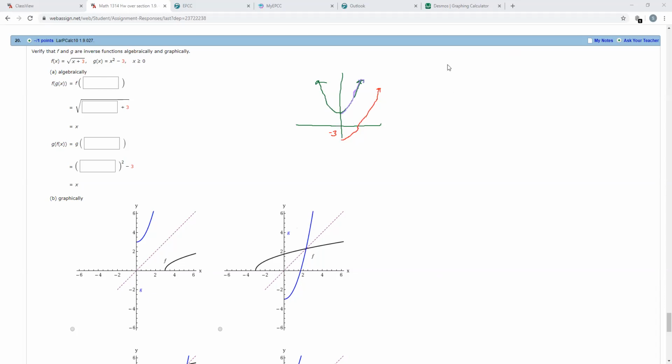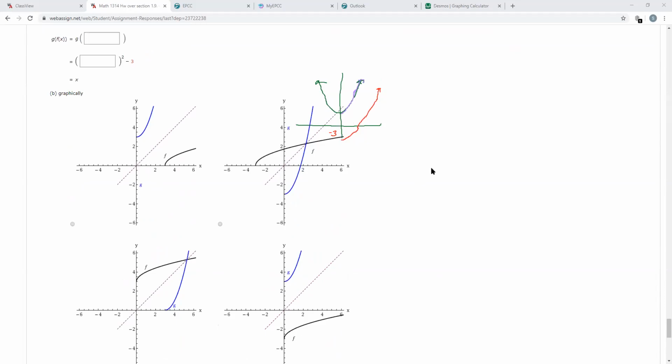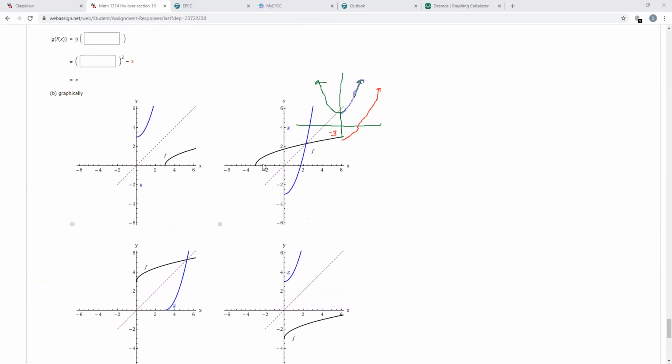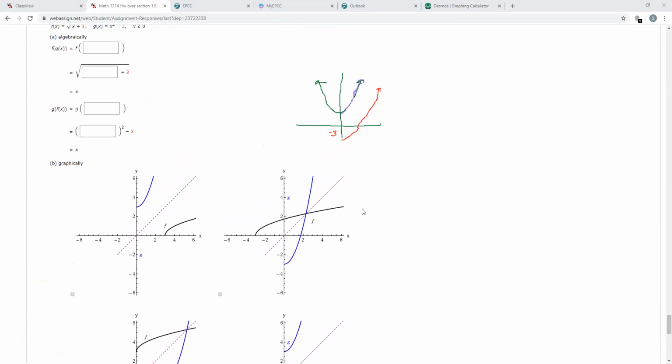Let's see about the other two choices. Neither one of these is the half parabola we're looking for, and neither are these two. So it looks like it's going to be this one, but let's go a little further in detail.